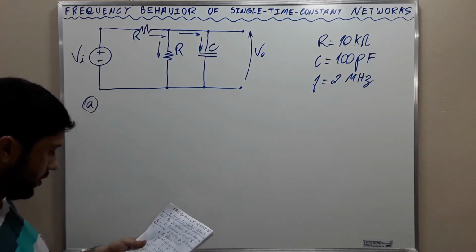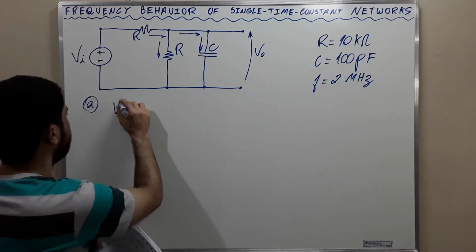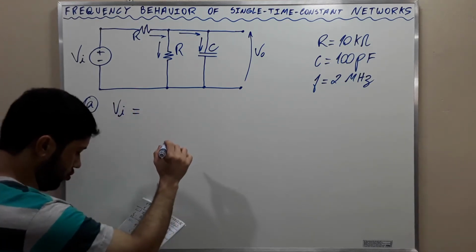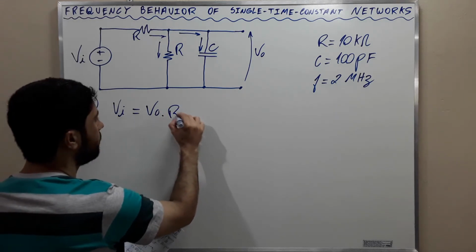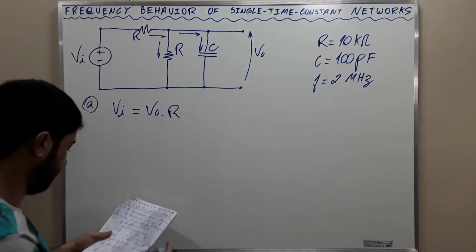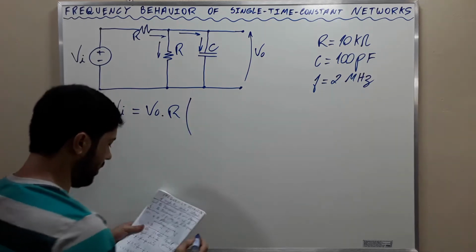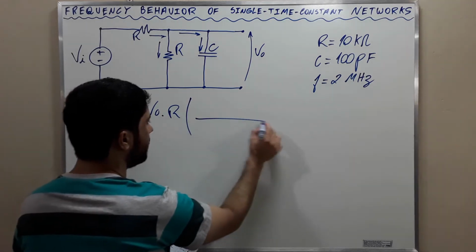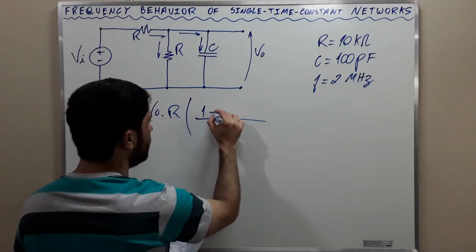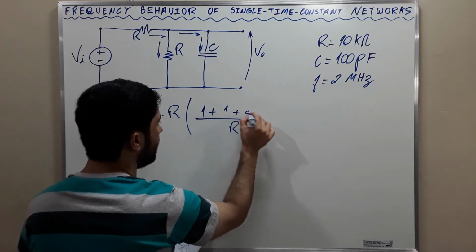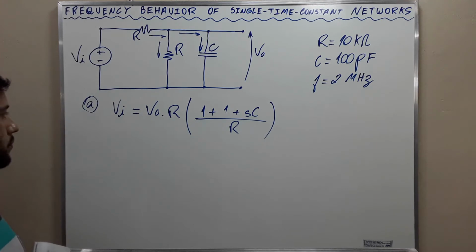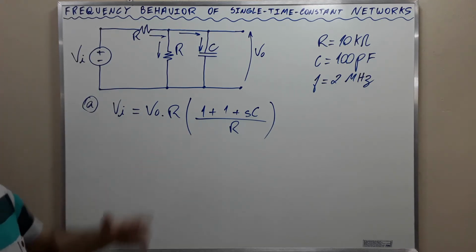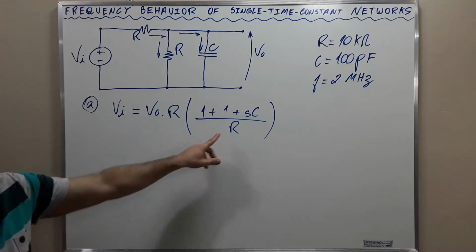VI is going to be equal to V0 times R, okay? And then we're going to find that (1/R + 1/R + SC), okay? We simply did some algebraic manipulations there to arrive at this.